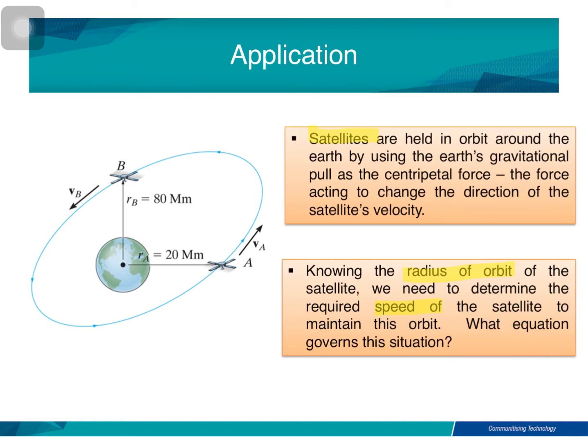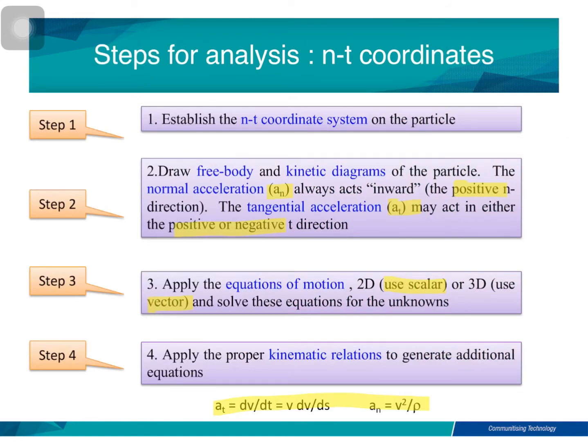So this is the procedure for analysis for the normal and tangent coordinates. First, you need to establish the normal and tangent coordinates. Remember the tangent is positive along the curved path, and the normal is positive toward the center of curvature. Step 2, sketch the free body diagram and kinetic diagram.